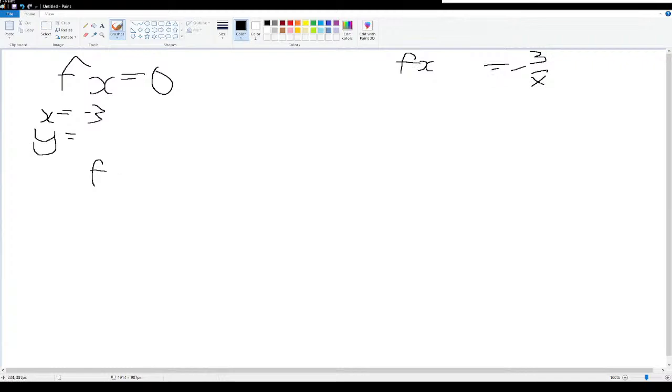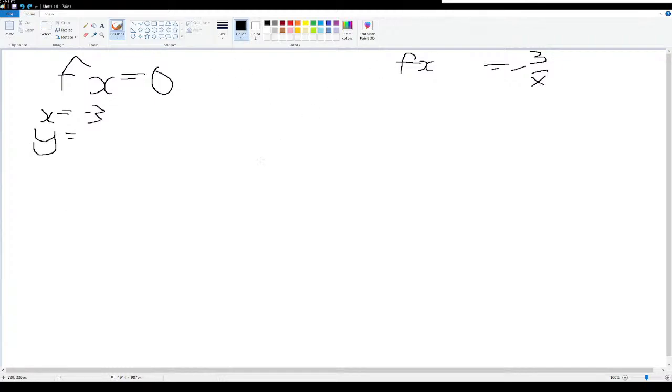So y equals 3 over 0, which is an error, which I think means it's essentially a turning point of something. I'm not quite sure about that, so we're just going to move on.